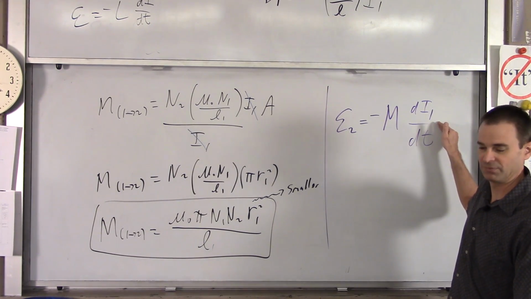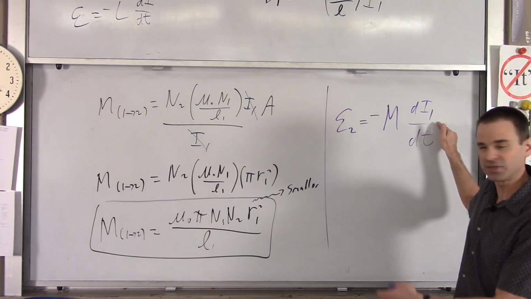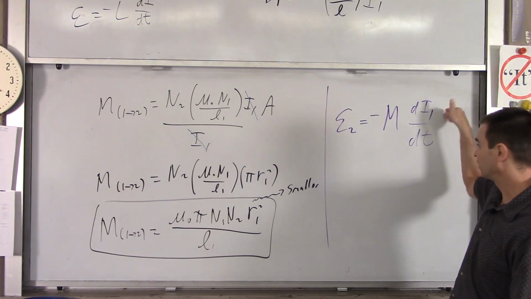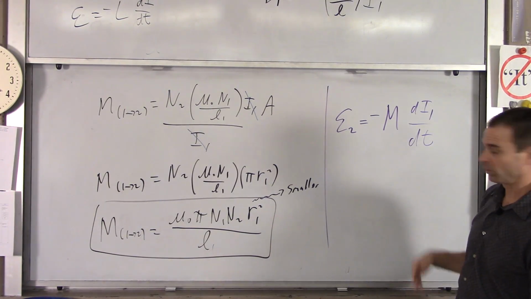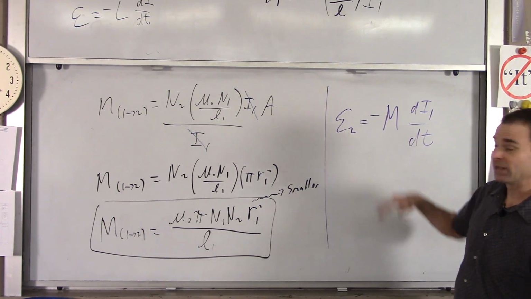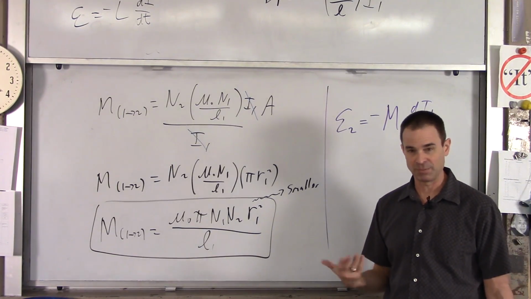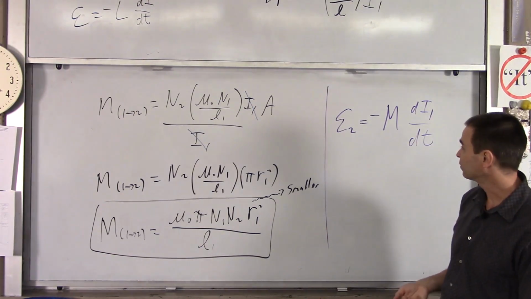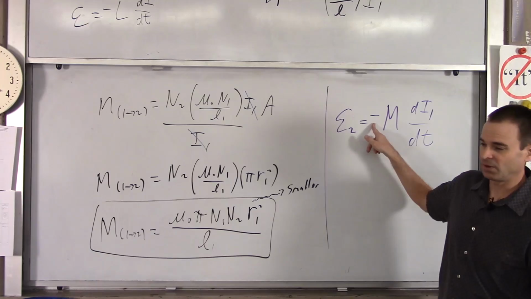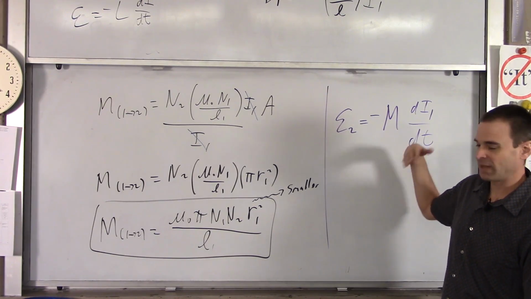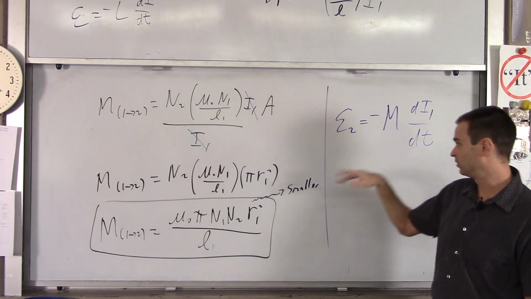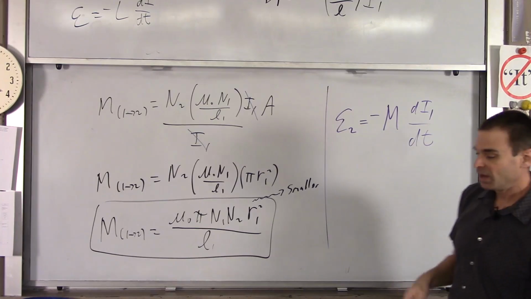If it's plugged into a wall socket, it would be a sine function, so you'd get a cosine function there, or vice versa, and that would be your answer. That would be EMF as a function of time, which of course would vary as a sine or cosine function. Again, the negative sign is all to do with Lenz's law. You don't have to include it in the calculation. Just get the magnitude of this.